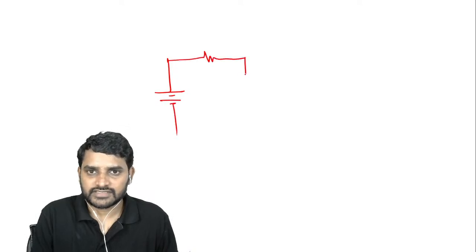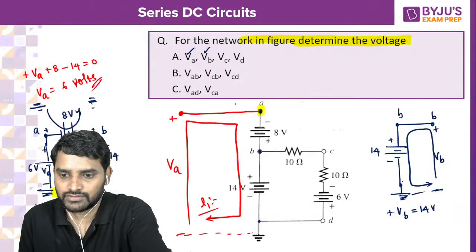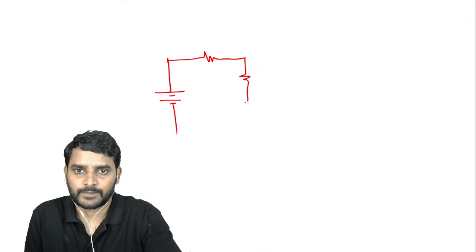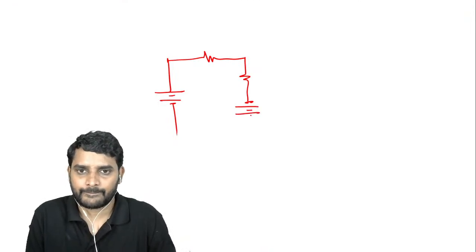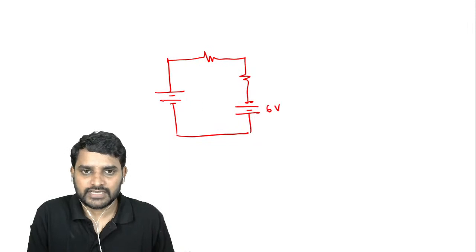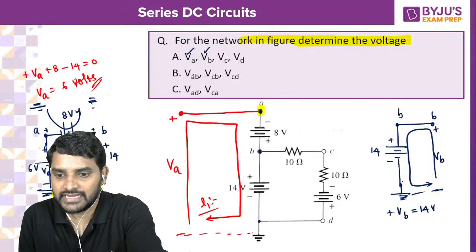This is one resistor and here is one resistor and here I have got one voltage source with negative polarity. So 6 volts here, 14 volts here, 10 and 10.